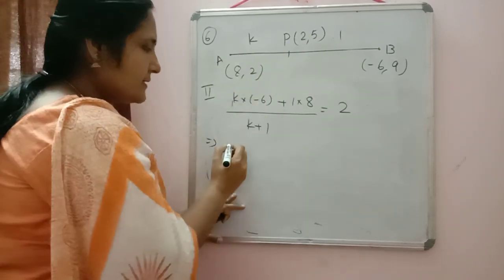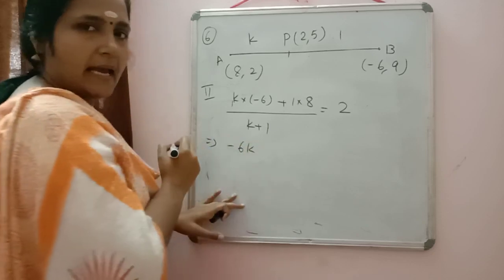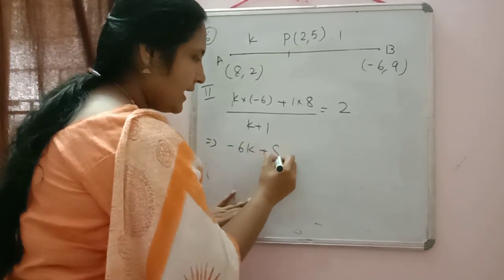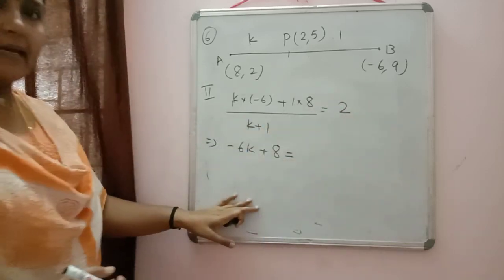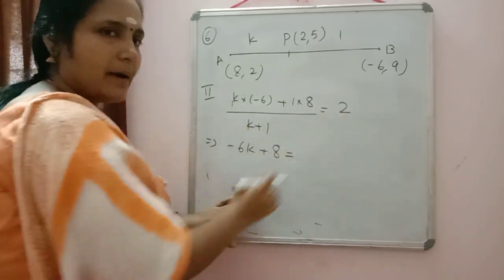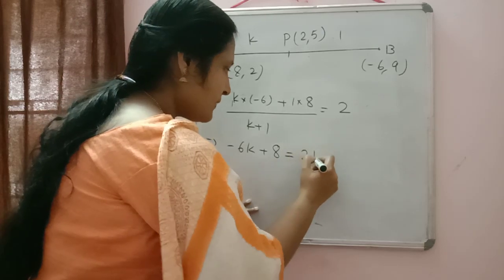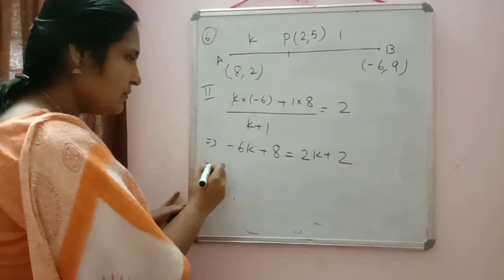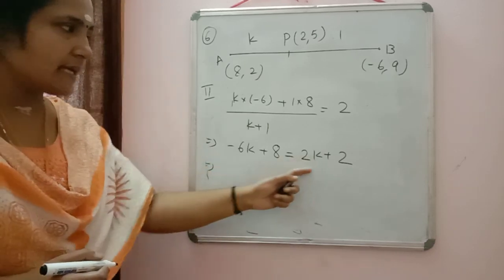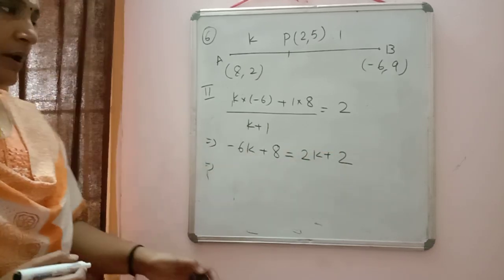Now k into minus 6 will be equal to minus 6k plus 8 is equal to 2 into k plus 1. We will shift the k plus 1 to the right hand side, so it will get multiplied by 2. Then we will get 2k plus 2. Now what do we have to do? Again, we shift the k terms to the left hand side and numbers to the right hand side.